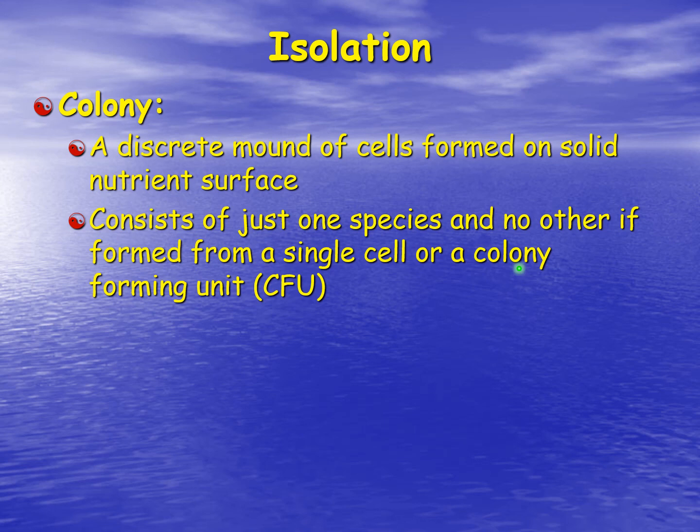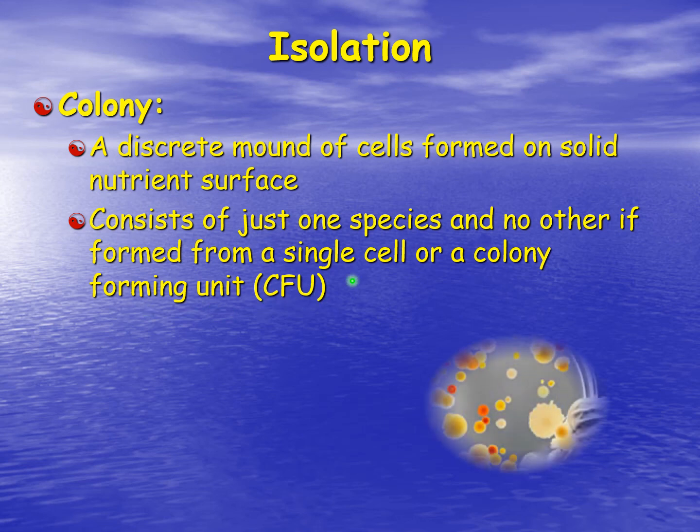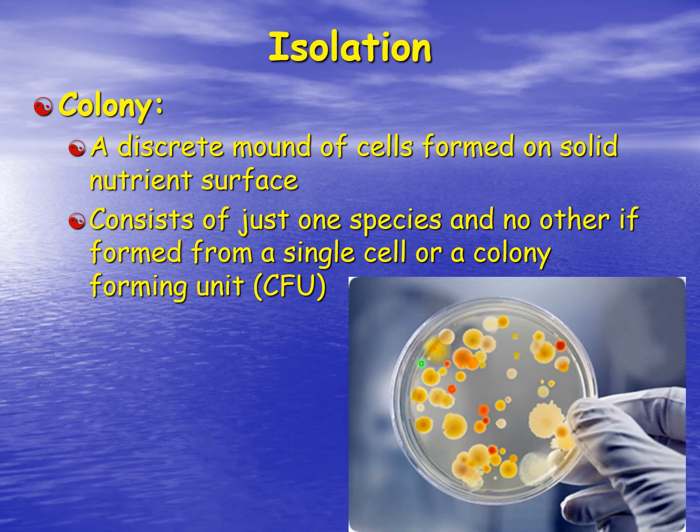So we sometimes refer to each colony being made by a colony forming unit, or CFU. So each one of these colonies on this plate either came from a single organism that began to grow and reproduce, or a small group of the same cells that produced each one of these colonies.